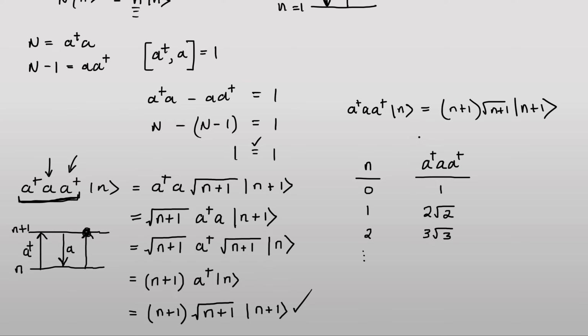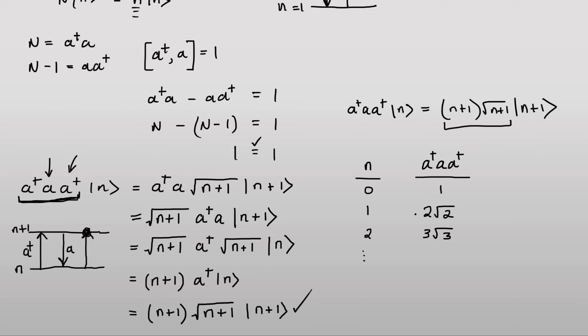So what's interesting is that this eigenvalue is actually different for different starting points. Say we're starting at n=0. We know we're going to end up at the n=1 state, right? Because if n is 0, this is going to be 1, and this is going to be 1+1, so that's 2, and then root 2.